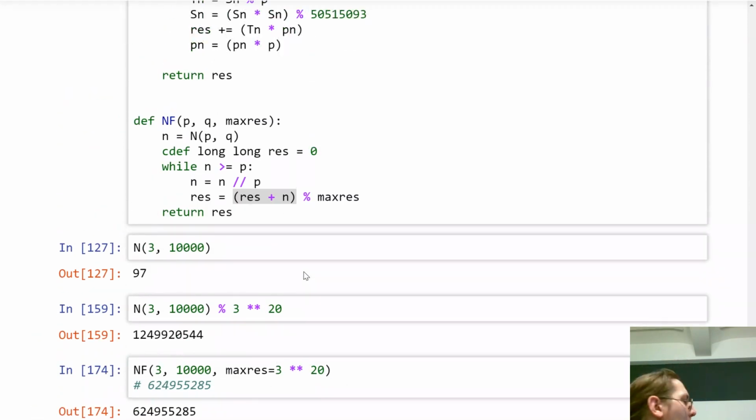I'm sure that this is bigger than 3 to the power of 20, I guess. So why not, instead: the bottleneck is we have a very big n number and at every step we just divide by 61. Why not start by doing it in chunks?